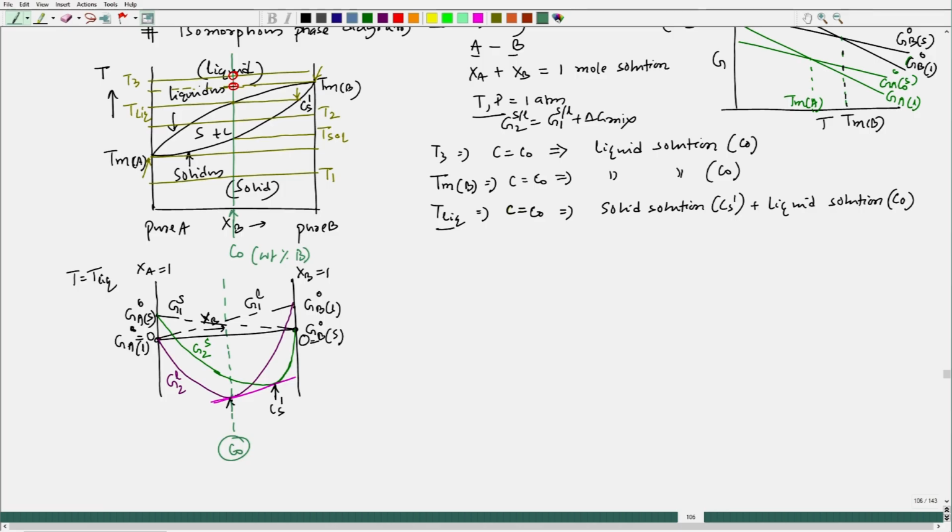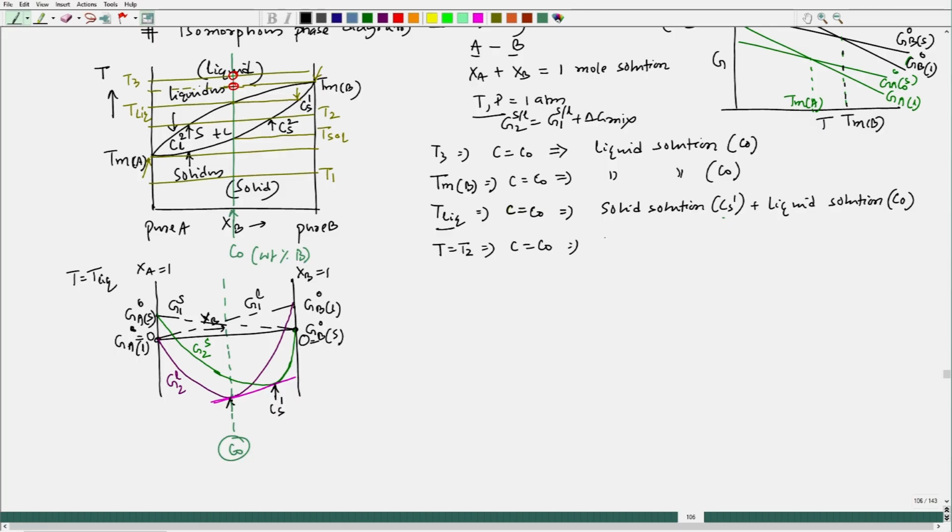So, now you can see that a liquid solution would have a composition C naught and the solid solution would have composition CS1. So, that is what we have written. Now, if I try to go down, let us say T equal to T2. So, that time composition is C naught. So, then this would be my CS2, and this will be C liquid 2. Okay.